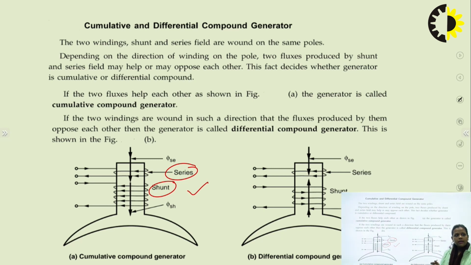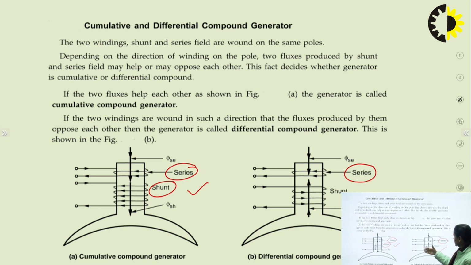And if the two windings are wound in such a direction that the fluxes produced by them oppose each other, then the generator is called a differential compound generator. Here you can see that the flux produced by the series winding, if you hold this, the direction of flux is downward.